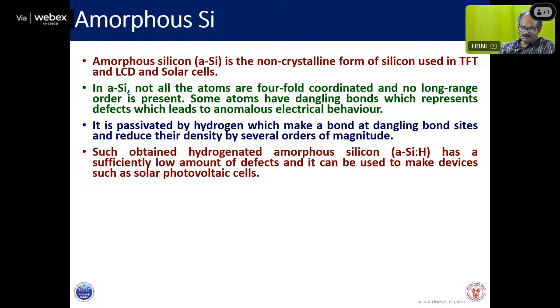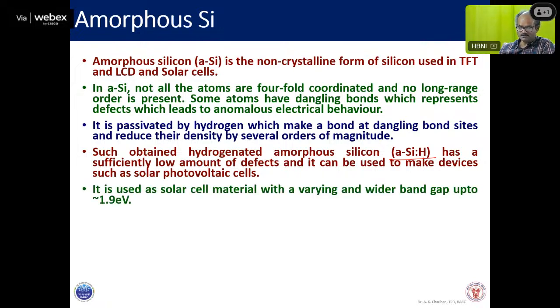The hydrogenated amorphous silicon so obtained, called a-Si:H, has a sufficiently low amount of defects, and it can be used to make devices such as solar photovoltaic cells, which we saw, I guess, day before yesterday. It is used as solar cell material with a varying and wider band gap up to 1.9 electron volt.